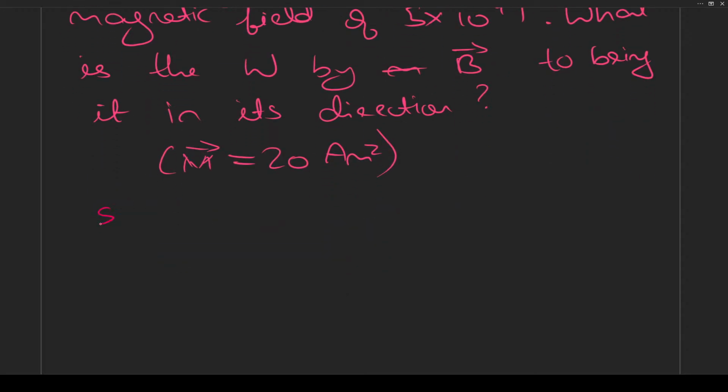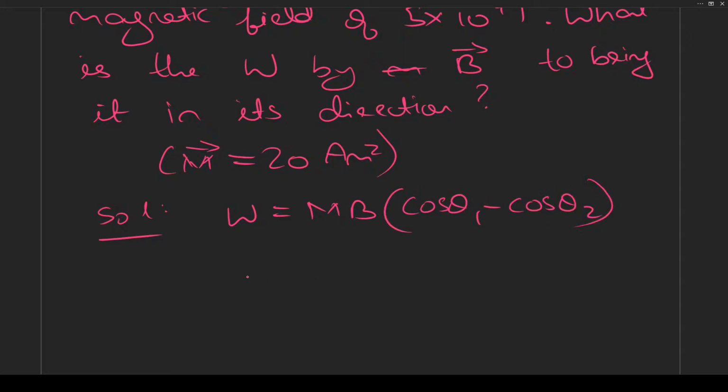Now solution. Work done equals mB times cos theta 1 minus cos theta 2, where work done equals 20 into 5 into 10 power minus 4 times cos of the initial angle 60 minus cos 0 degrees.